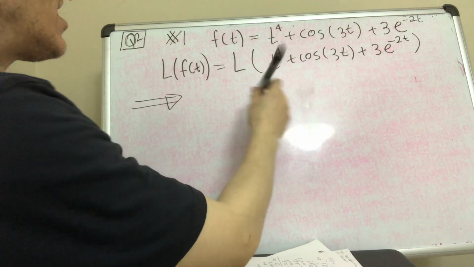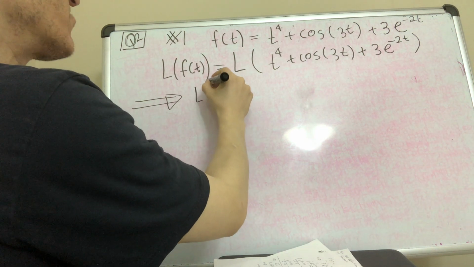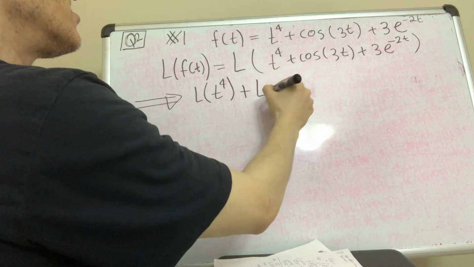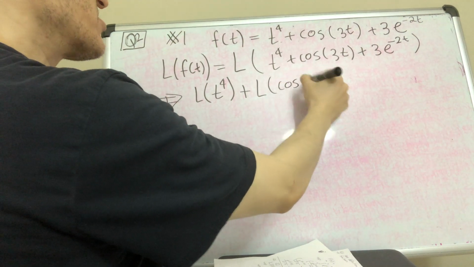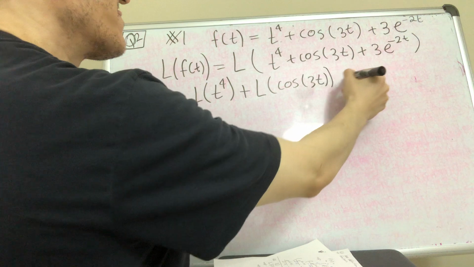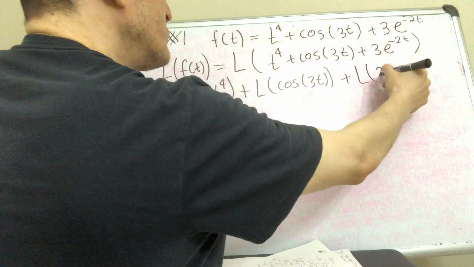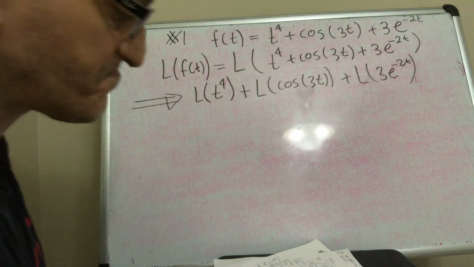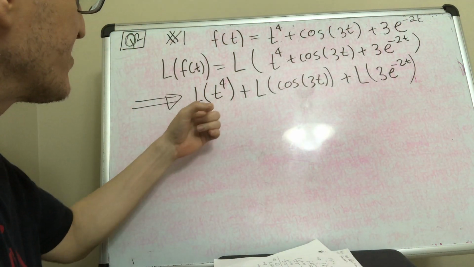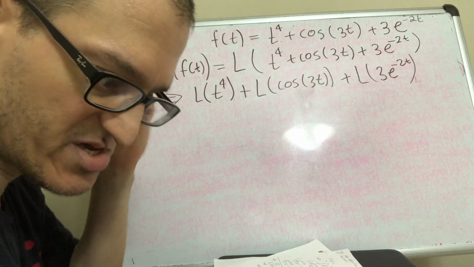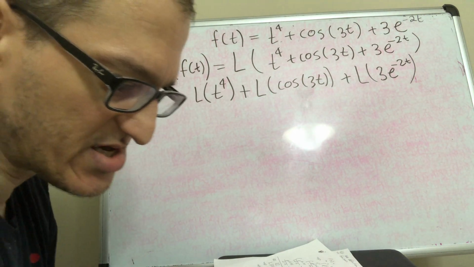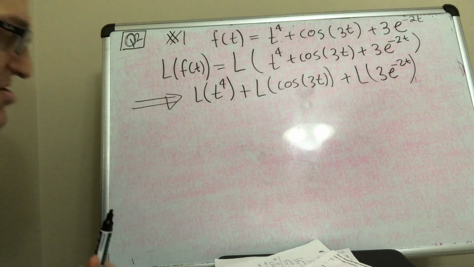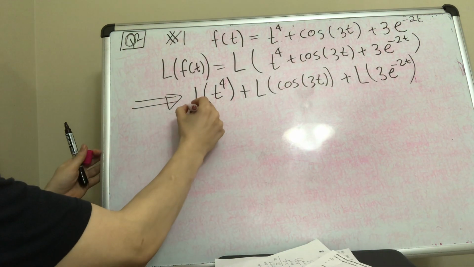Now we take the Laplace inside, so you're going to do the Laplace transformation of t to the power 4, the Laplace transformation of cosine, and the Laplace transformation of the 3e to the minus 2t. We start with this one. If you look at the rules, in the first column, for this one, I'm going to highlight it with a different color.